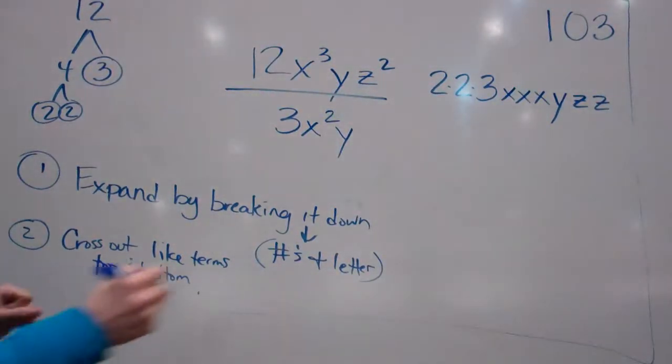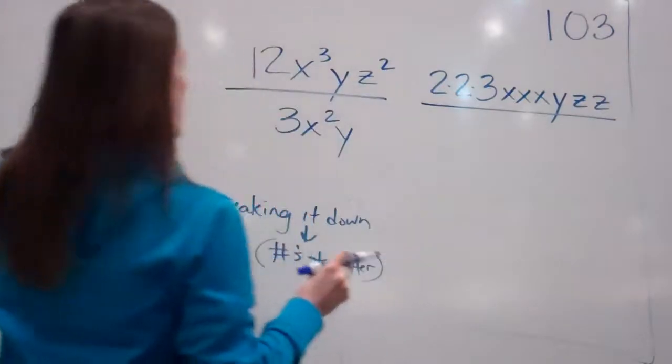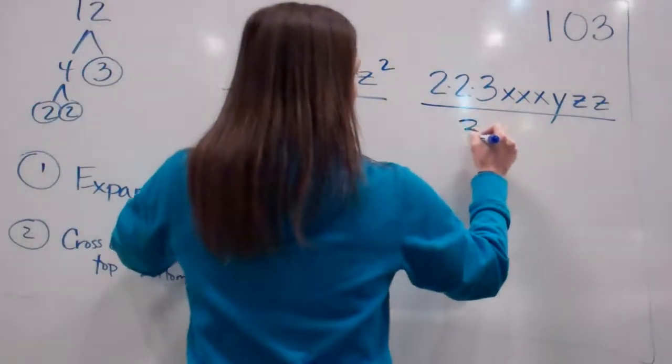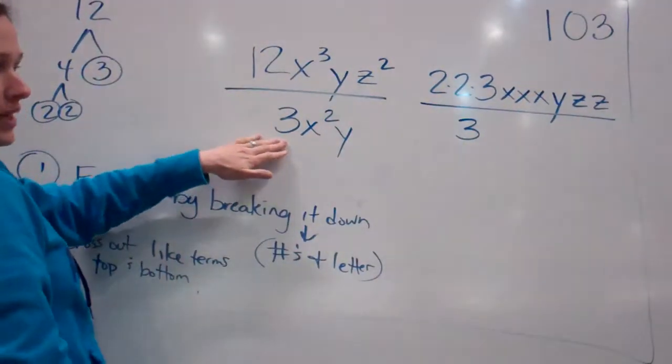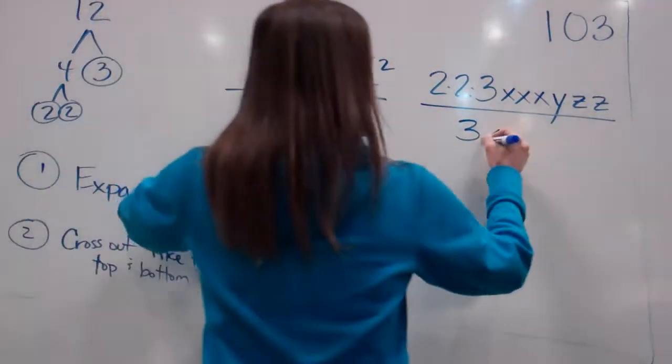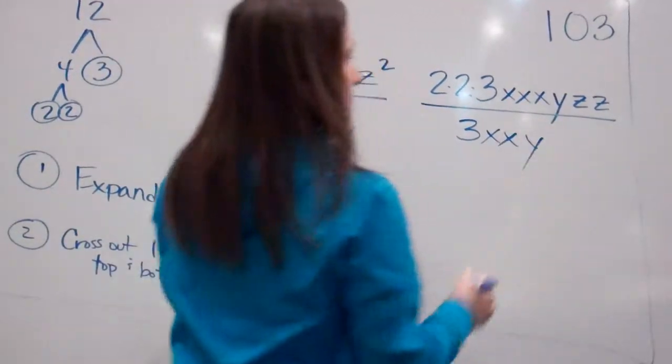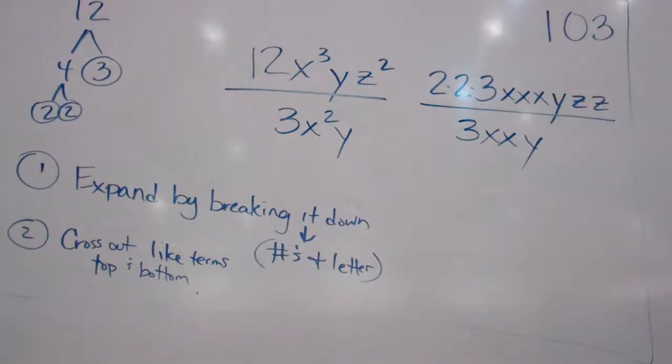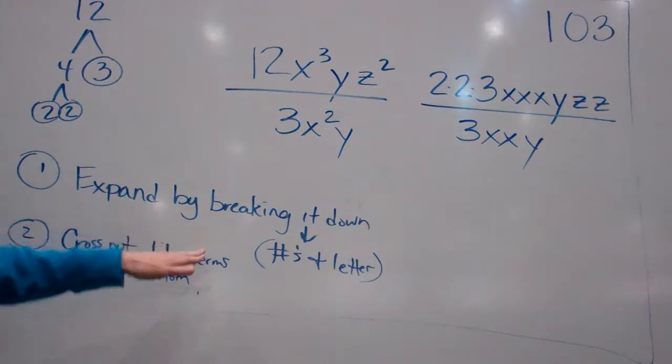Okay, then let's expand on the bottom. 3 doesn't have to be expanded anymore because 3 is a prime number. X, x, y. Has everybody got this part set up just like this? Okay, now we just cross out the terms.